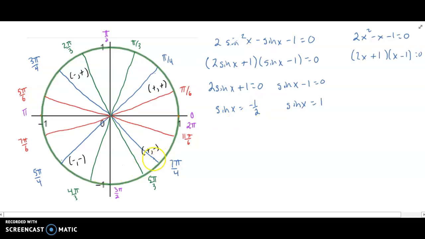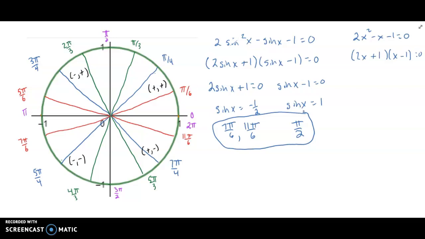That's going to occur in quadrants 3 and 4, and it's going to occur at the pi over 6's. So 7 pi over 6 and 11 pi over 6. Sine of x equals 1 is going to occur at pi over 2, and just pi over 2. So those are my 3 solutions to that trig equation.